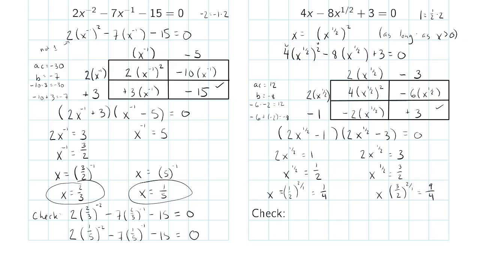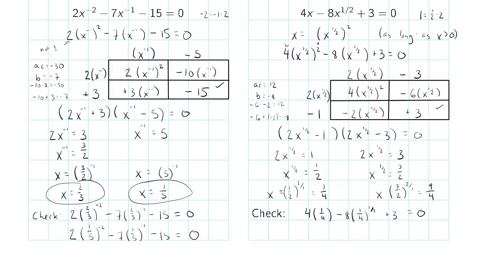And I might as well check for extraneous solutions in my original equation. So I'll have 4 times x minus 8 times x to the 1/2 plus 3.